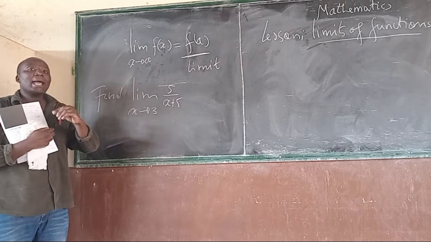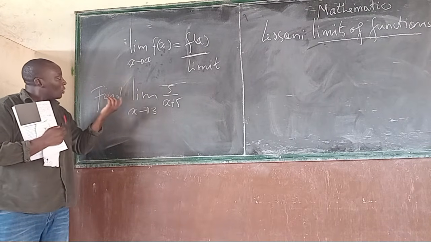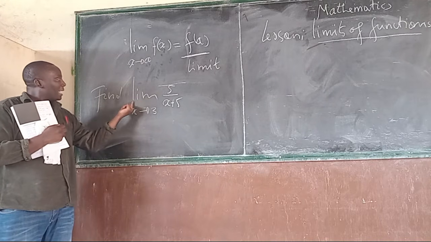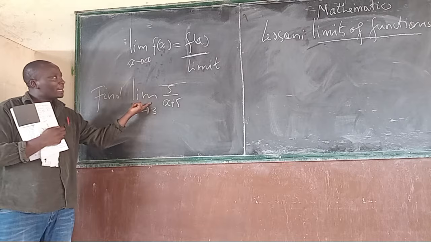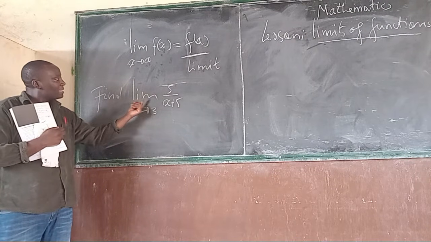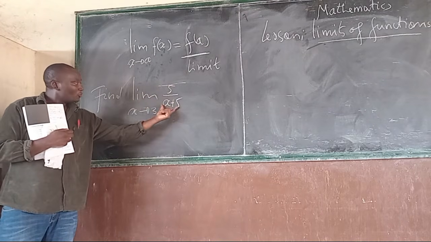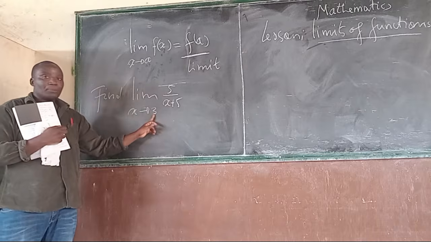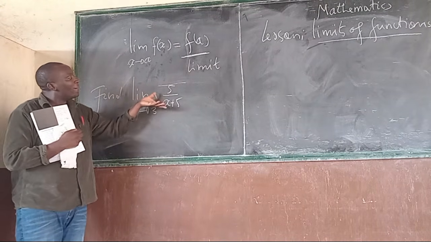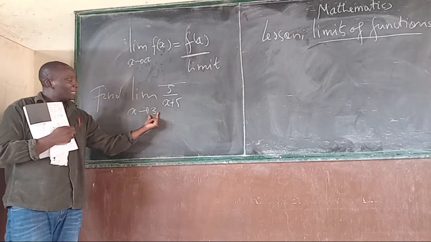I'm sure every teacher of ECLP is able to use this abbreviation lim to denote limits in mathematics. This word limit is again followed by a function. The limit of this ratio function where x approaches 3 is like asking what is the maximum value of my given function where x equals 3.